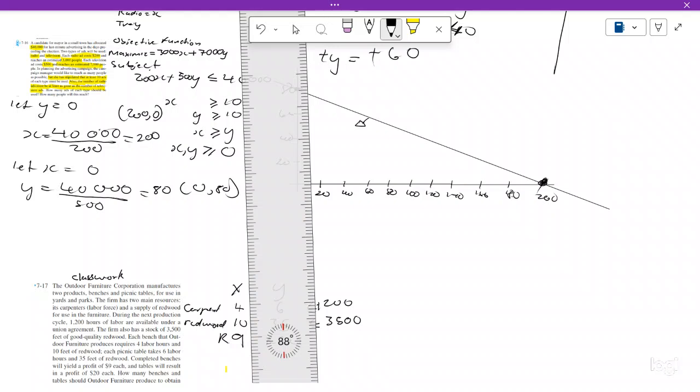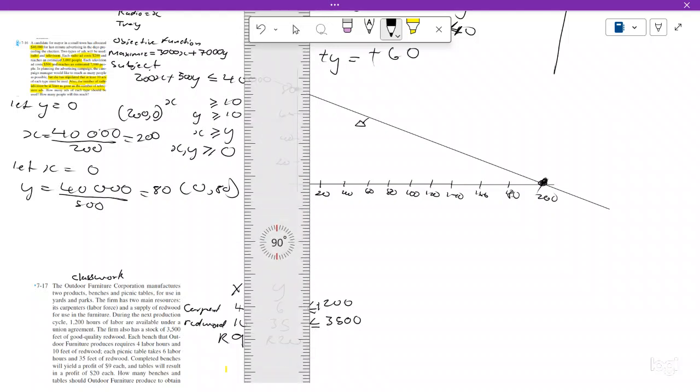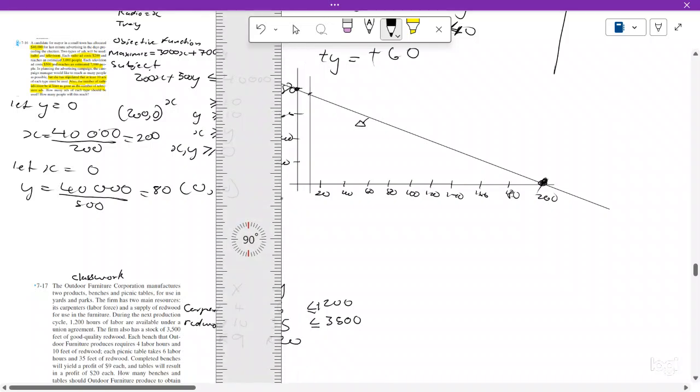10 is in between, again. 10 is in between. Look at that. There's a point here, what we are looking for.